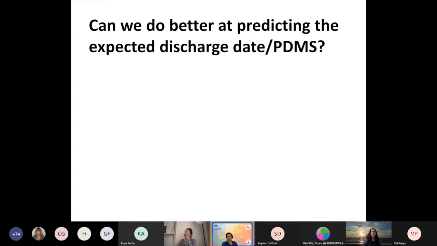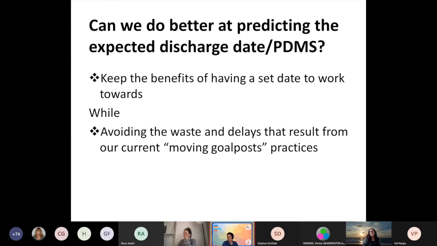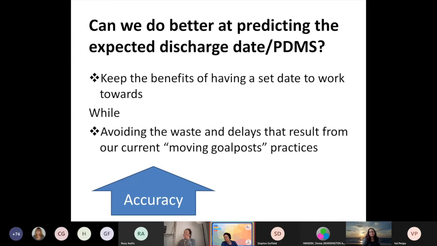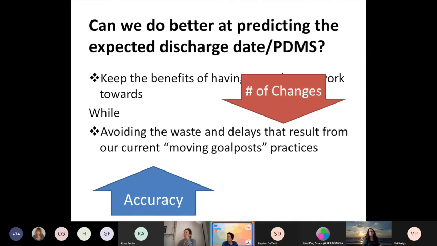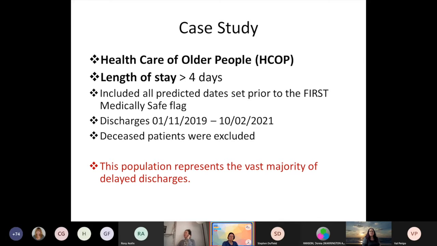So can we do better at predicting the expected date? Can we keep the benefits of having a set date to work towards while avoiding the waste and delays that result from our current moving goalpost practices? We want to increase accuracy and reduce the number of changes. This is a case study in healthcare of older people, a specialty also known as geriatric medicine.